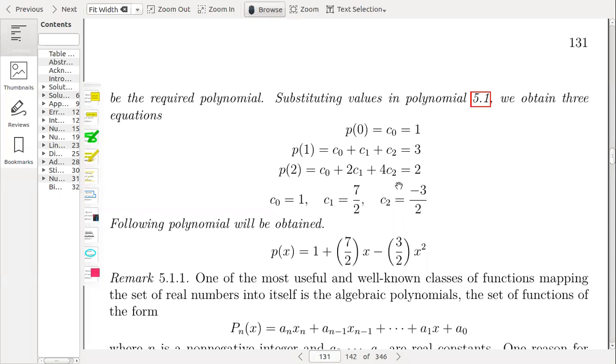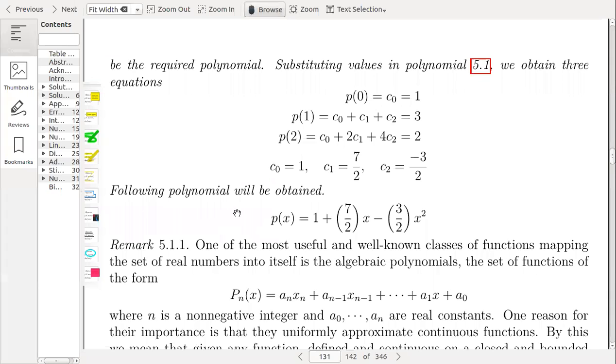So you will have 2c2 minus c2, which is c2, and then 1 by 2 minus 2. So you will have the value of c2 equal to minus 3 by 2. Substitute this in c1 plus c2 is equal to 2, and you will get the value of c1.